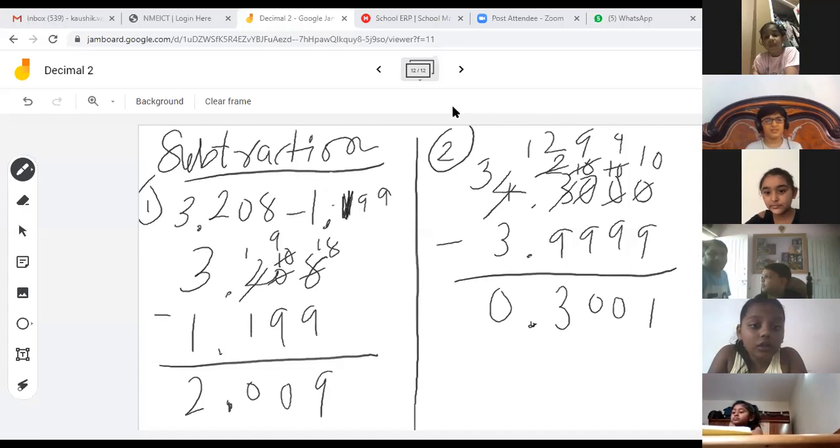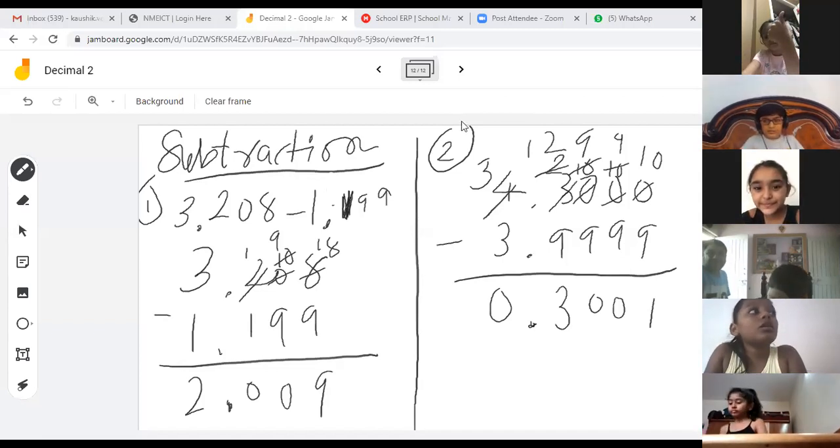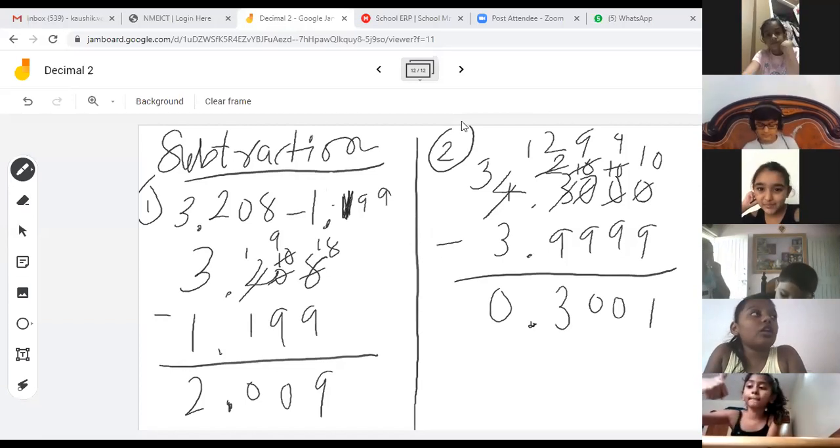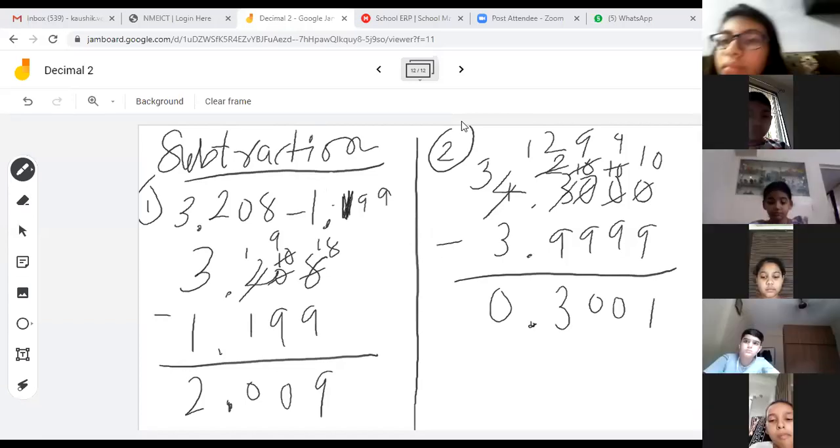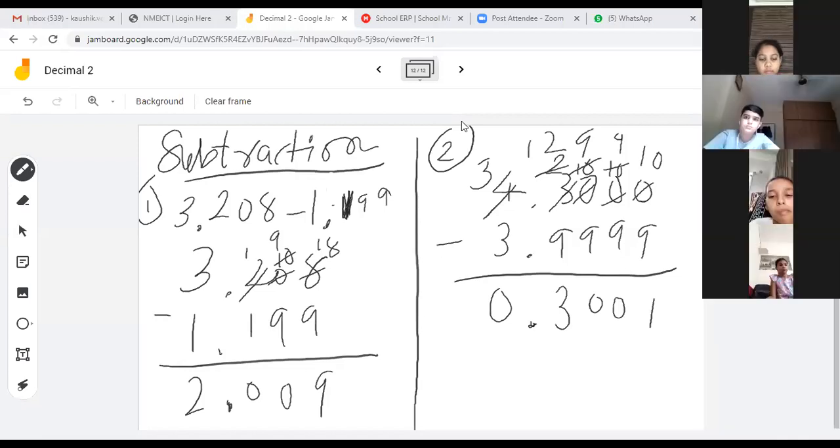Good job. Very good. Nirja, are you doing fine? Simple, very easy addition and subtraction sums.